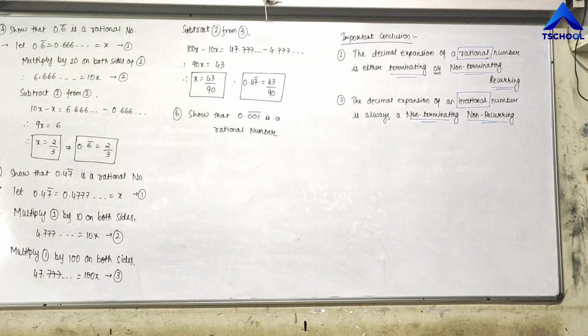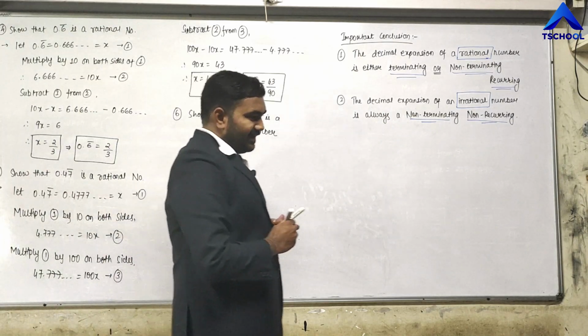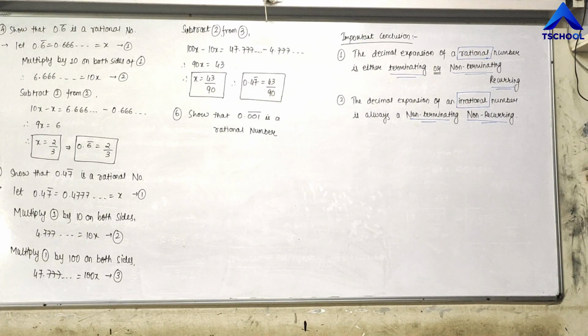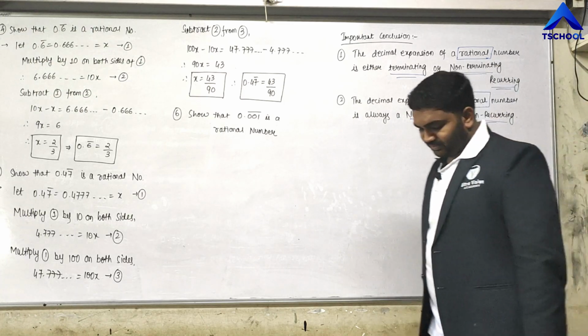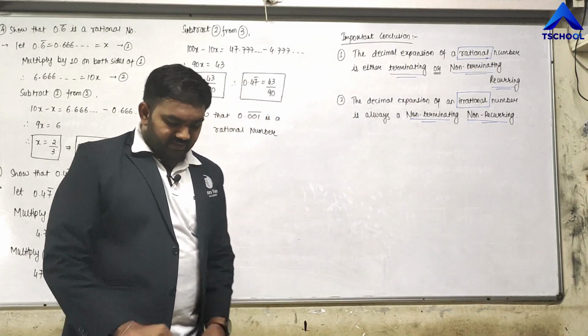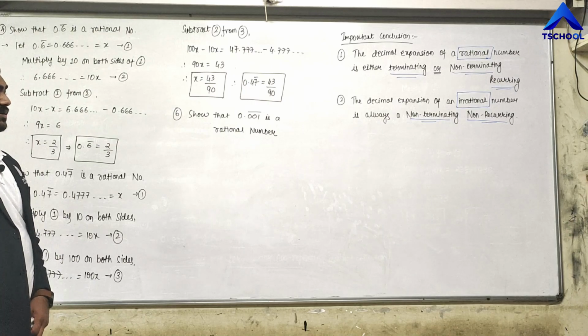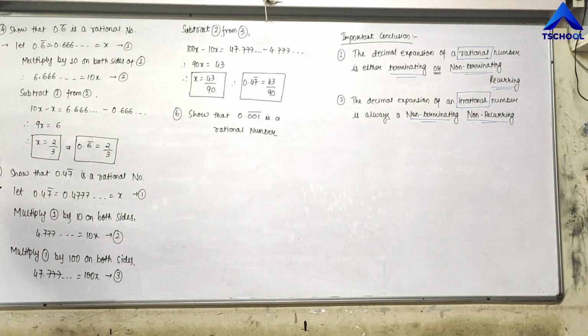So understand this clearly, friends: if it is a rational number, it will give you either terminating or non-terminating recurring decimal expansion, and if it is an irrational number, it will always give you a non-terminating, non-recurring decimal expansion. Is it clear, friends? So in this way we can divide the decimal expansions of these two numbers, whether rational or irrational.